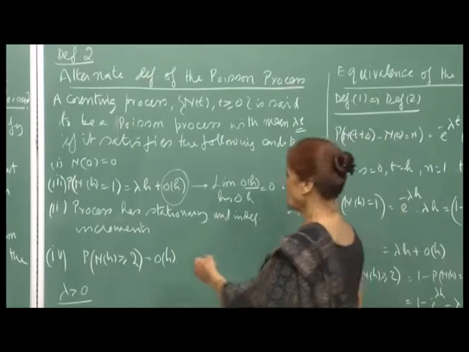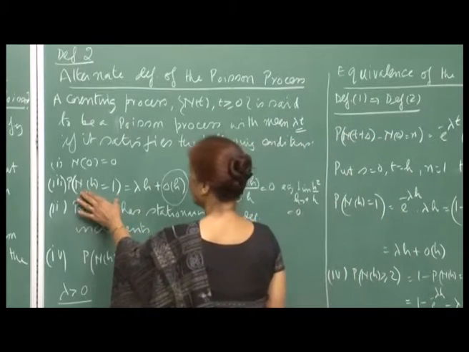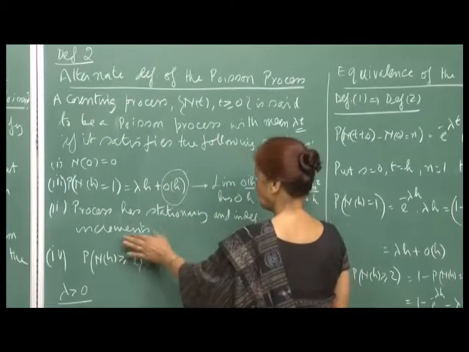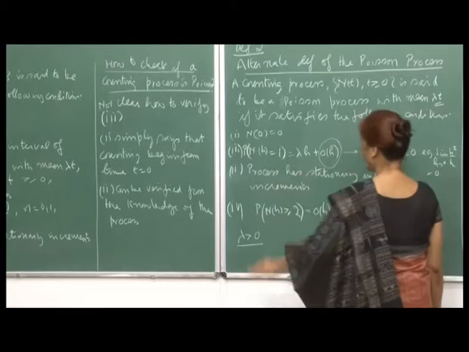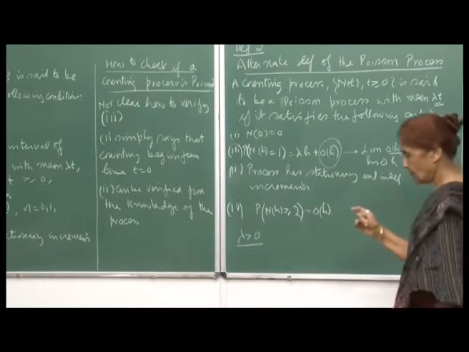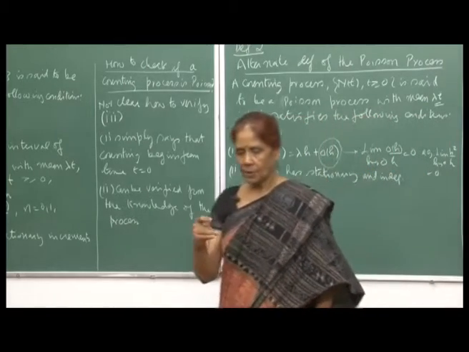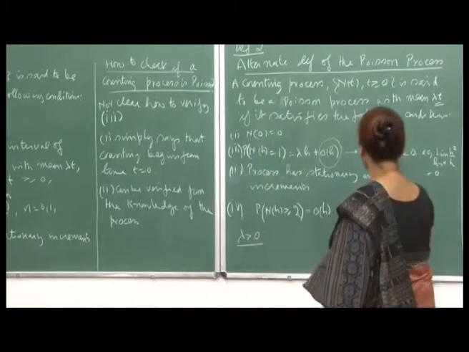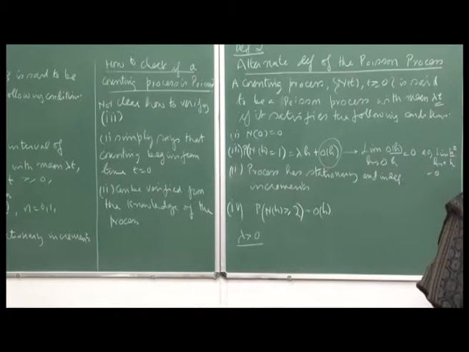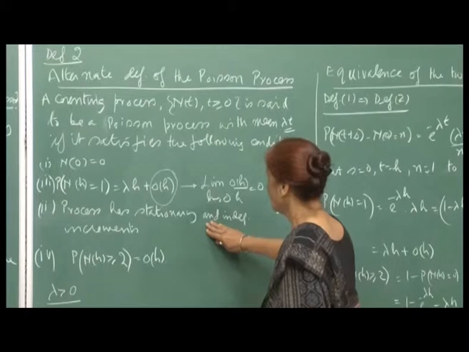The second condition, of course, is the same as before, that the process has stationary and independent increments. So, these two properties we require for the counting process to be able to say that it is a Poisson process, right. So, this has to be satisfied.